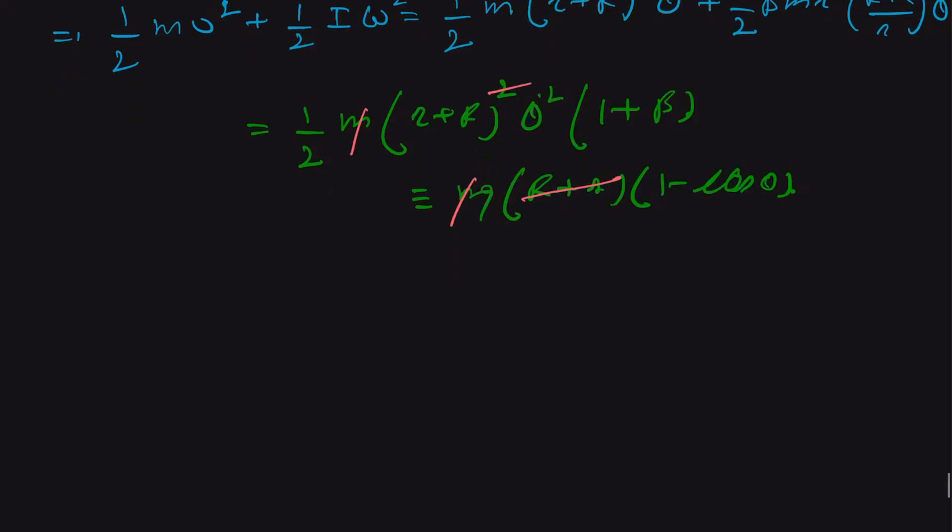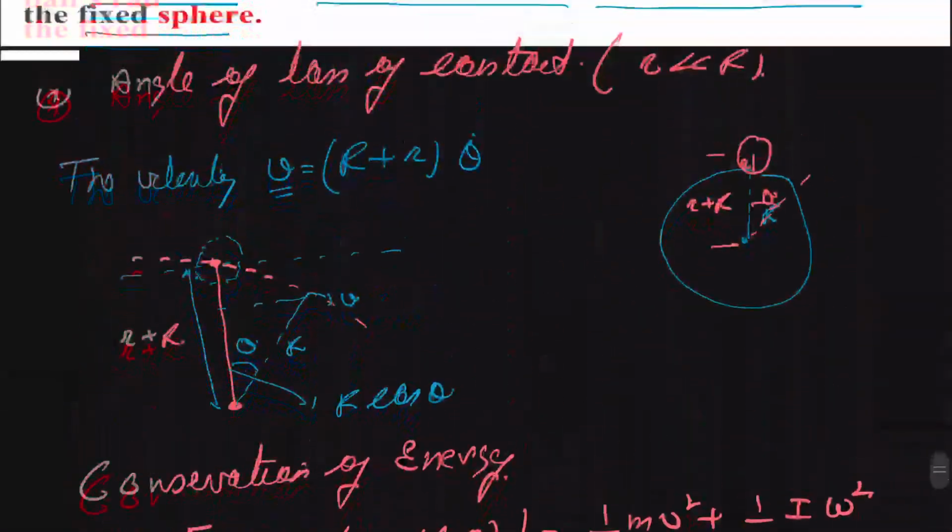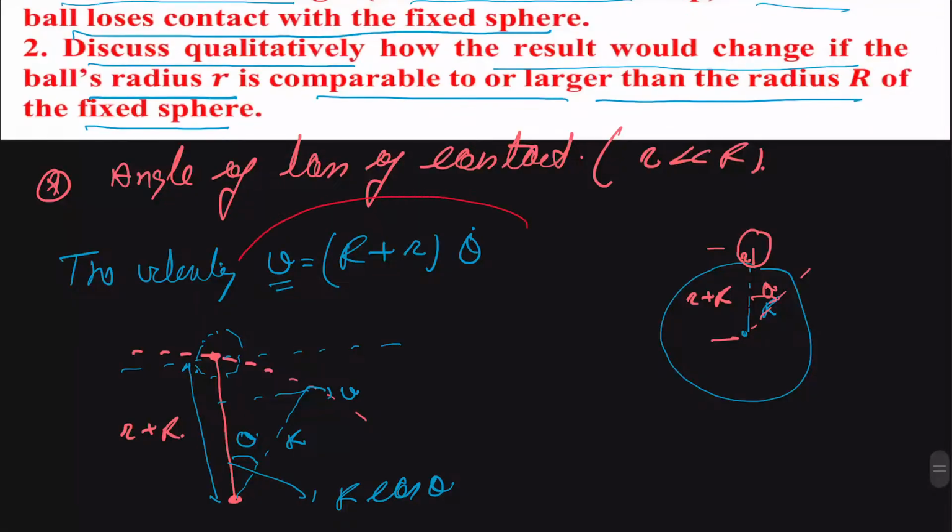Therefore we can say that half (R + r) theta first derivative square (1 + beta) is equal to g (1 minus cos of theta). And from here we can use the velocity equation and find out our velocity.